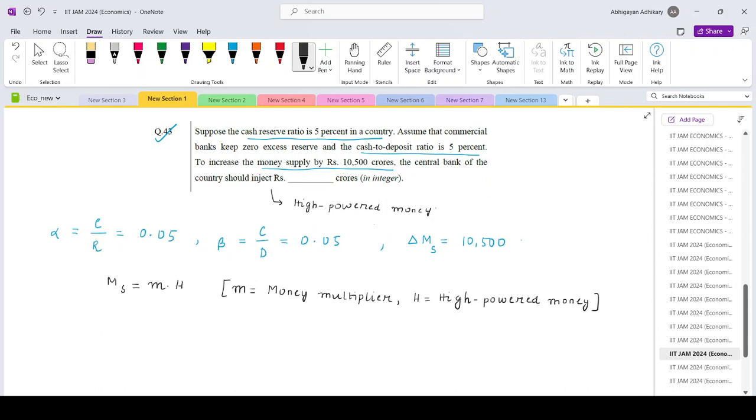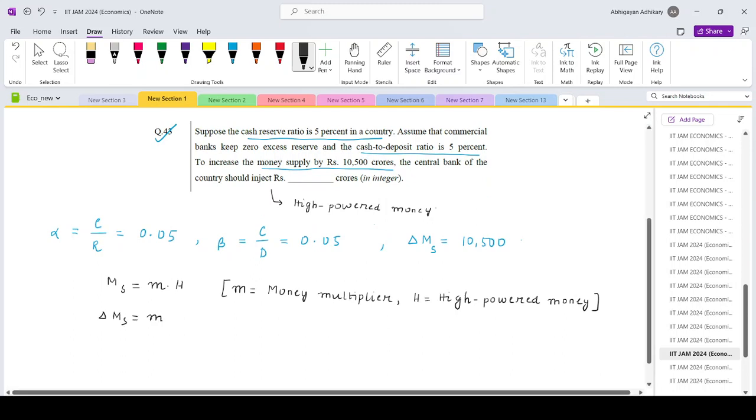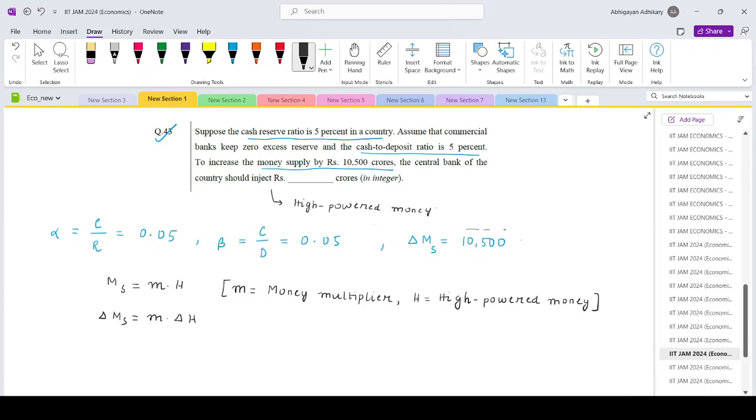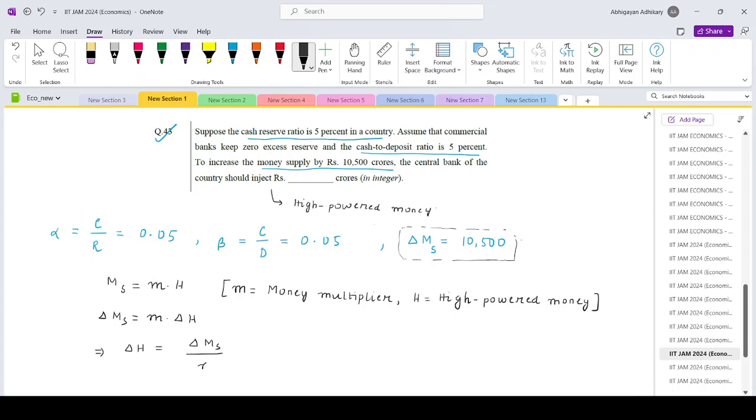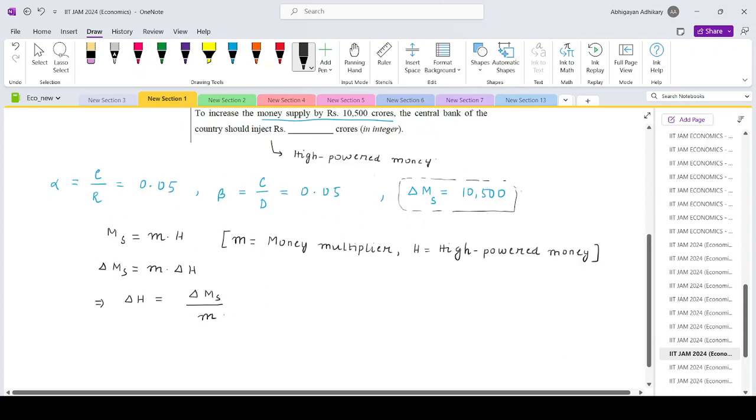So that means we want to understand what should be the change in high powered money that will lead to a 10,500 crore rupees increase in money supply, and that can be found as delta H equals delta MS divided by the money multiplier. And how do we define the money multiplier?